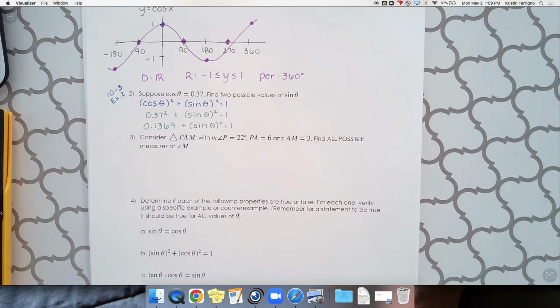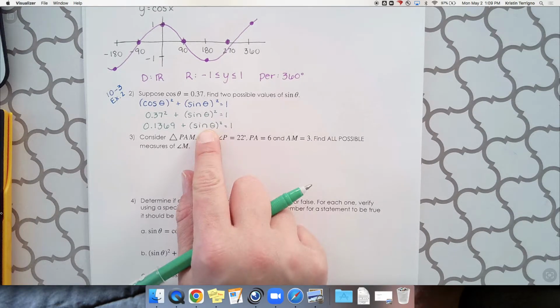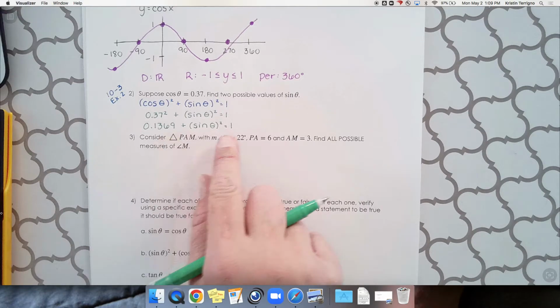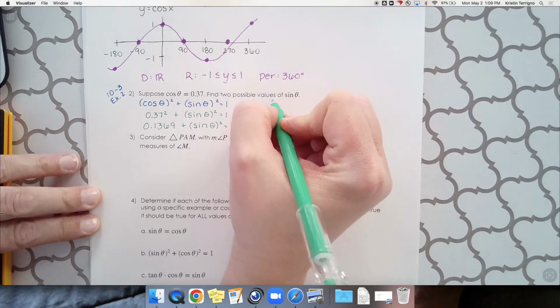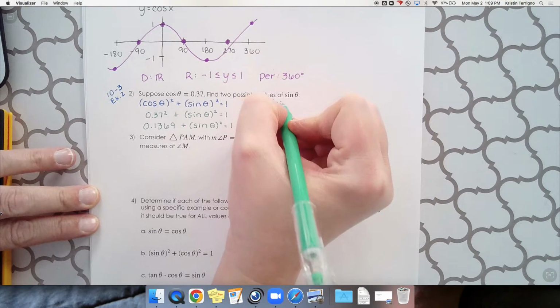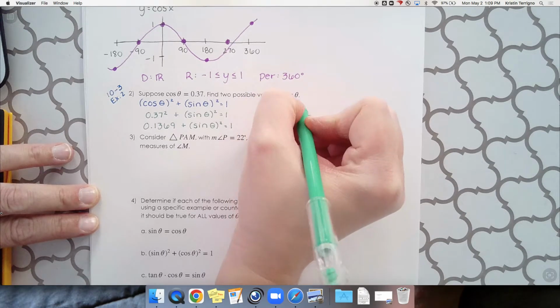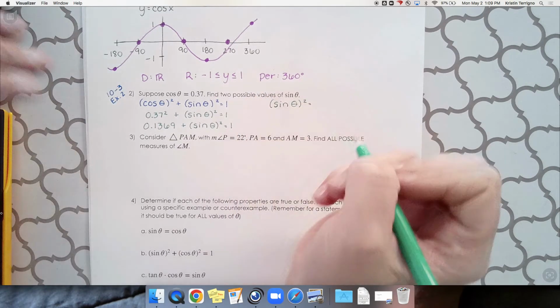What now? I'm trying to get this sine theta, right? That's what I'm trying to figure out. So I'm going to do 1 minus the 0.1369. And so now I have sine theta squared equals 0.8631.